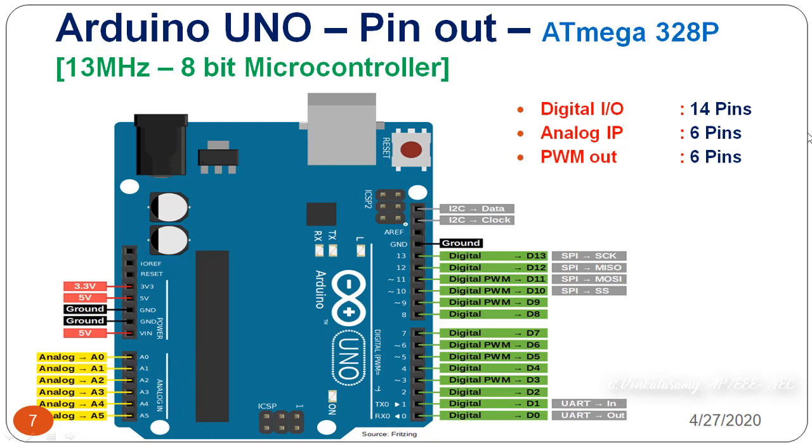And Arduino has 6 PWM outputs, pulse width modulation outputs, pin number 3, 5, 6, 9, 10, 11, which are also used as analog output pins. So by this minimum basics, we are going to simulate some simple Arduino codes using Proteus.